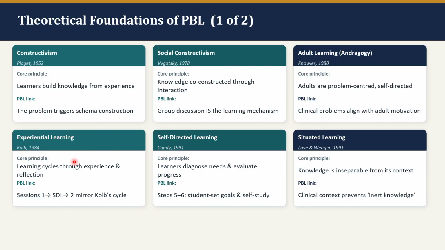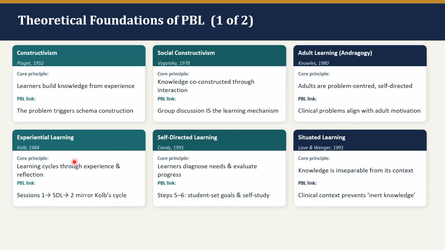Adults want to learn from relevant things, and they are self-directed learners, and the clinical problems align with adult learning motivation. Also, experiential learning approach, learning cycles from experience: concrete experience, then reflecting, then abstract conceptualization, and then active experimentation.